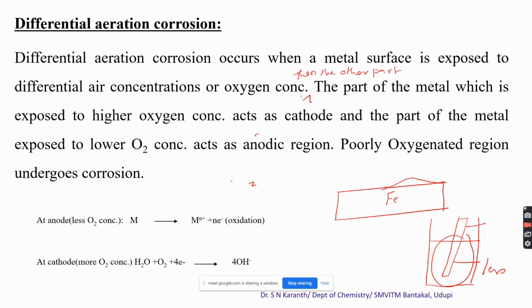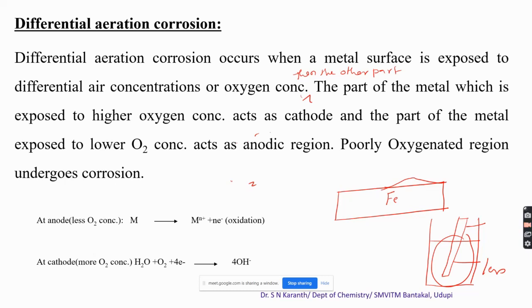So the part which is exposed to less oxygen usually acts as anode. The reason you know already: in the concentration cell, the lower concentration part acts as anode. In a similar way here, the portion exposed to less oxygen acts as anode, whereas the more oxygenated part acts as cathode.